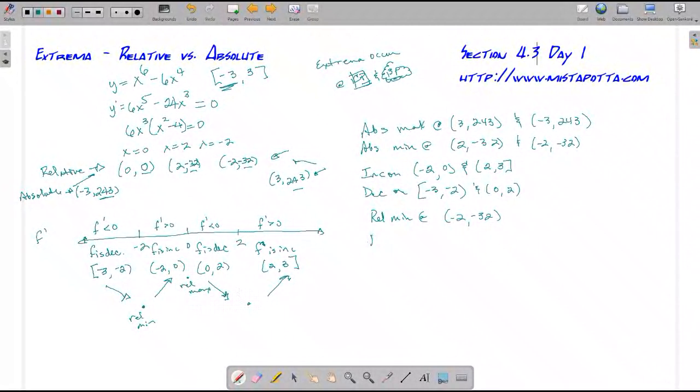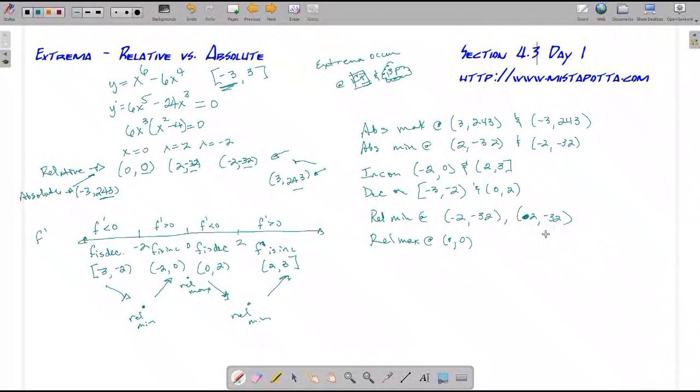So I have a relative maximum at the point 0, 0. And then here I'm going from decreasing to increasing, so I have a relative minimum at -2, excuse me, at +2, -32.